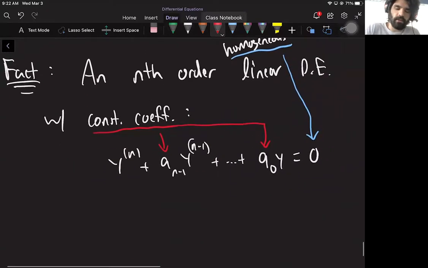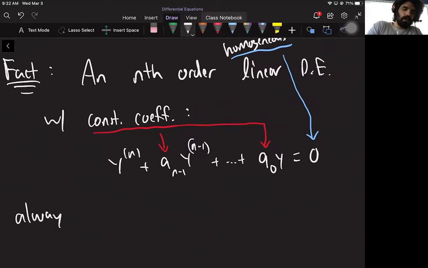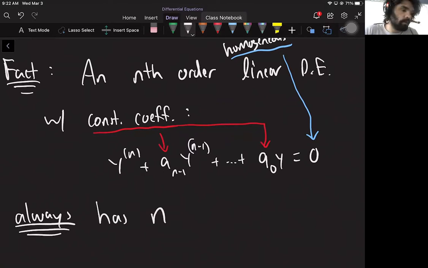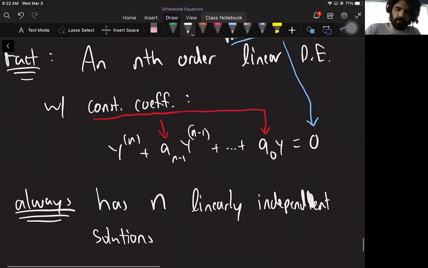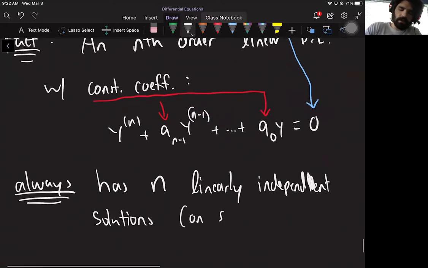So if you have an equation like this, then it always, you don't have to check every time, has n linearly independent solutions. Now, I'm going to say on some interval, but I'm not going to worry too much about this interval stuff.